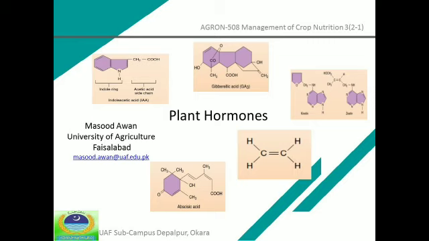So, think of plants as analogous to computers. Think of the computer as a plant and its commands as hormones. For example, we have different commands to open the file, to save the file or to print it.